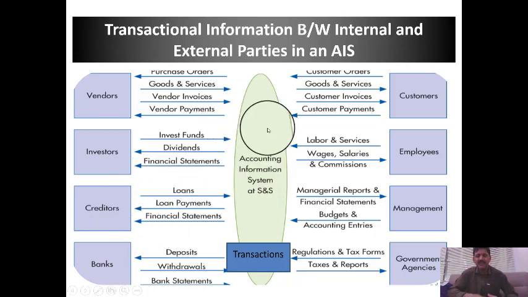Like whenever you place an order, placing an order is just a document which does not affect what? The financial statement of the business. If you place an order and the supplier did not dispatch the goods, what happens to the finances? The deal did not take place.